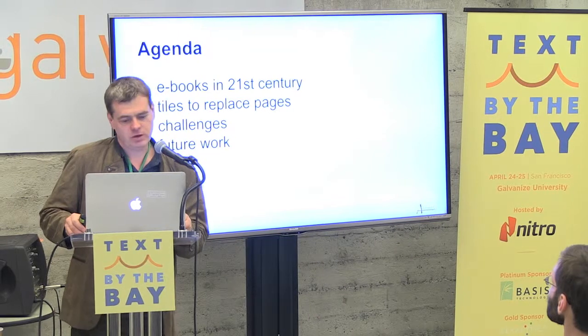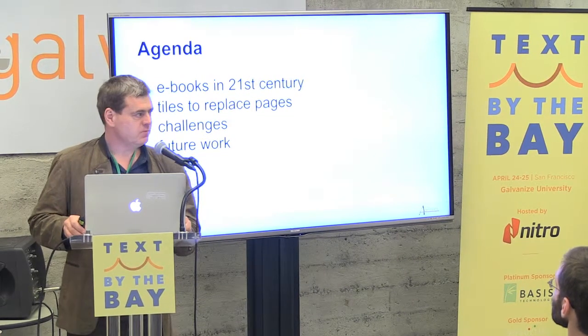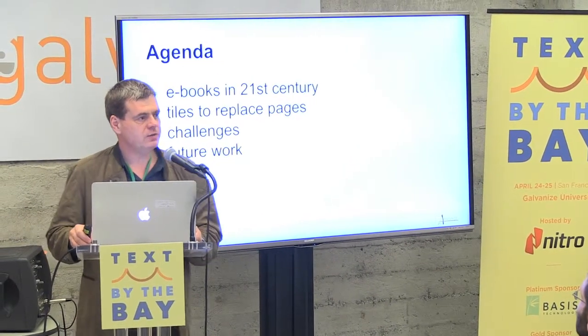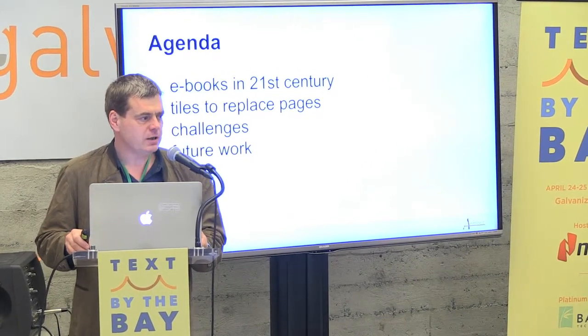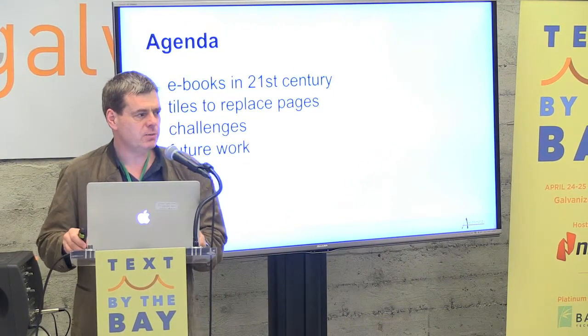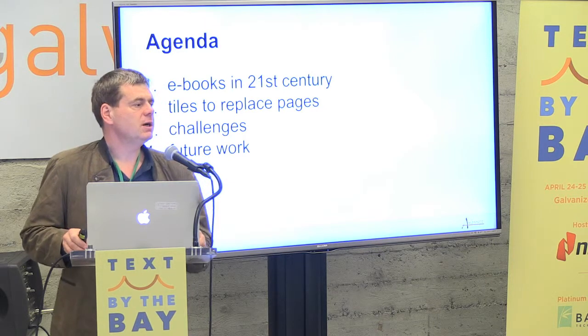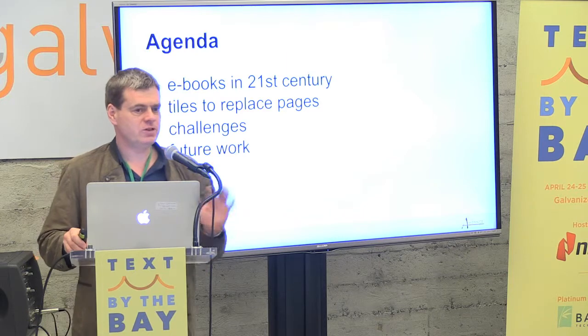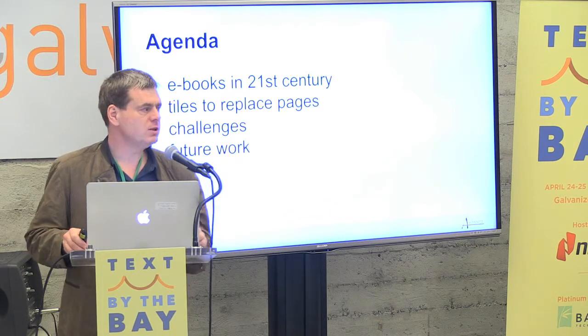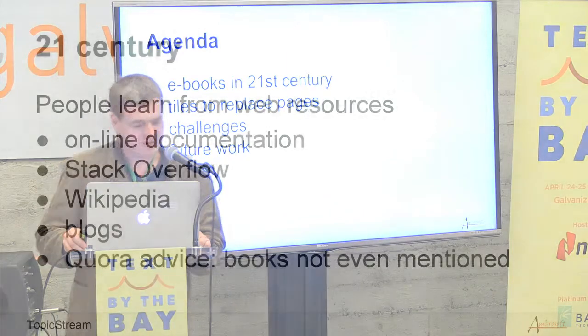I'm not talking about novels. And the specific proposal that I will have is to introduce a notion of tiles, which is to some extent inspired by Pinterest. Tiles instead of pages. This is a very small move, but with deep consequences.